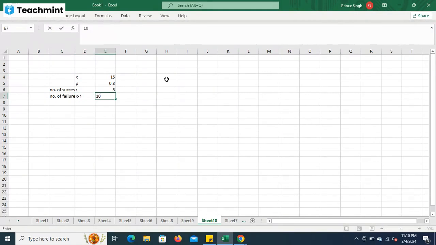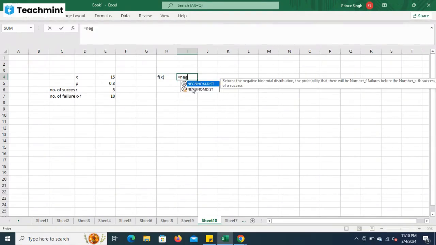Okay. So if I want to calculate the probability distribution function for 5 successes, how are we going to calculate this? Say f(x), I want to calculate it. This can be calculated with the negative binomial distribution command. We need to type NEGBINOM, and it will give you this option.